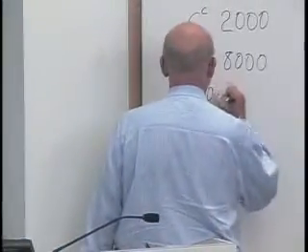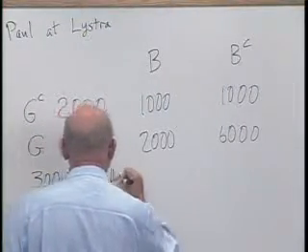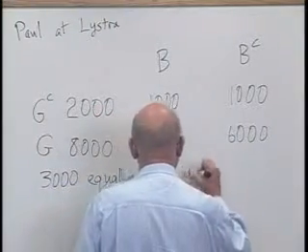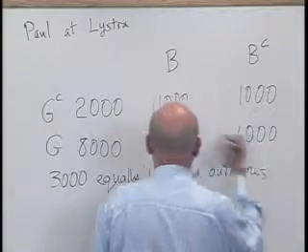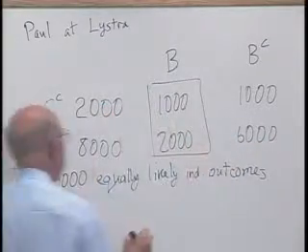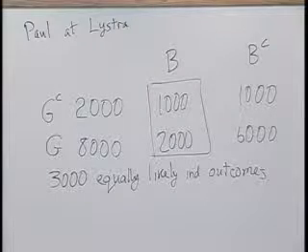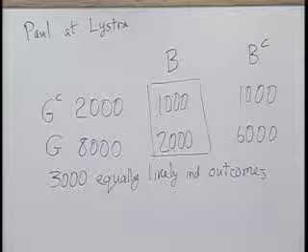So we've got the individual outcomes. We've got 3,000 equally likely individual outcomes right here. And Paul is making this prediction that the person that Timothy has chosen is more likely to be a Greek than a Jew.